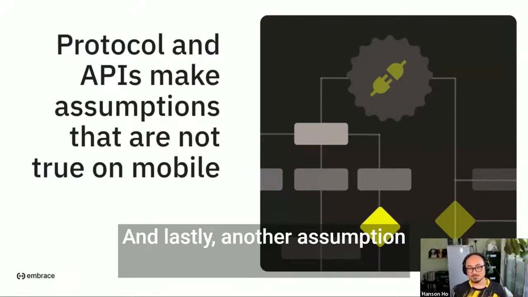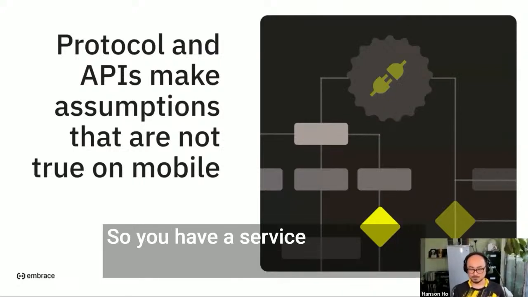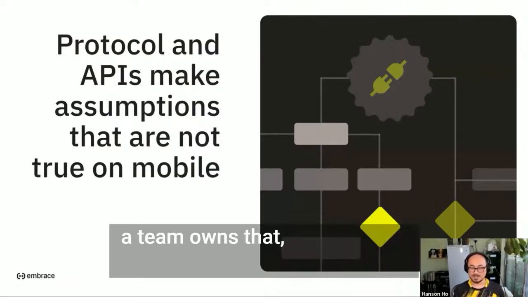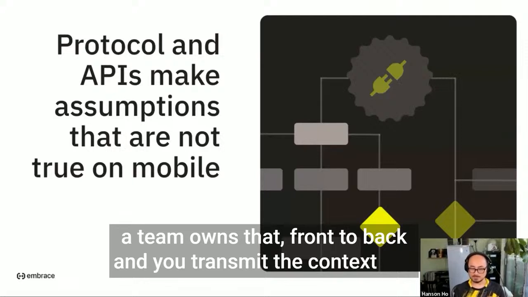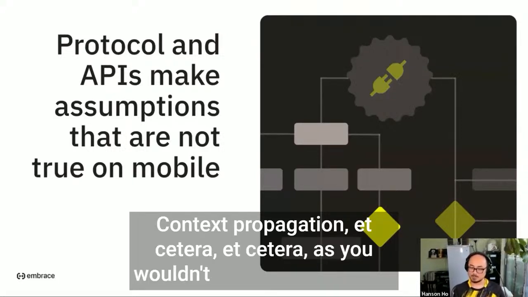And lastly, another assumption is that traced operations have a clear execution boundary and code ownership. So you have a service that creates a span in the runtime. Generally a team owns that, front to back, and you transmit the context via context propagation, et cetera, as you would in distributed tracing.